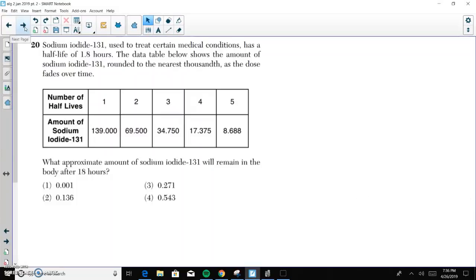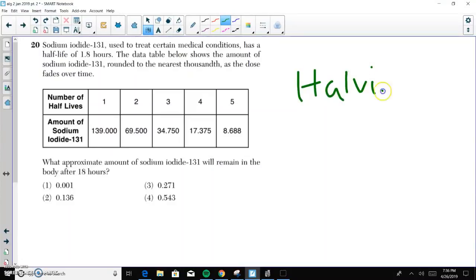Alright. So the first thing we have to know is that half-life means it's halving every single time. So we know this is going to be exponential decay because it's halving.